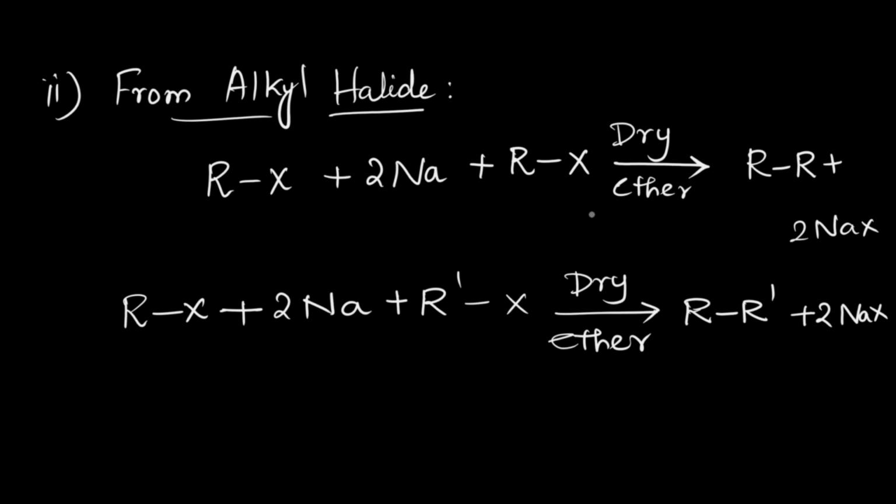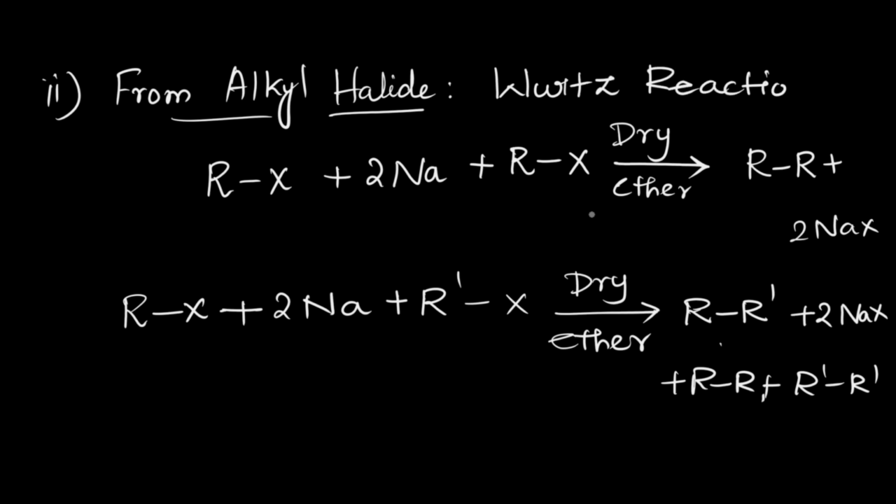Because there will be chances of forming R-R as well or R'-R' as well, which makes the yield very less. This type of reaction is named the Wurtz reaction. It's one of those named reactions. We'll be revising this in the Halo chapter as well. So please mark this as an important Wurtz reaction. Okay, let's move on.